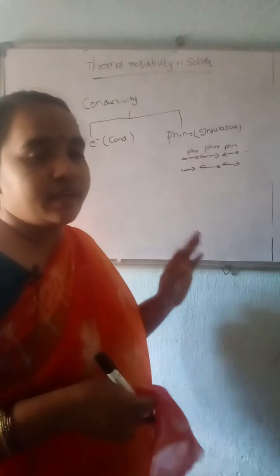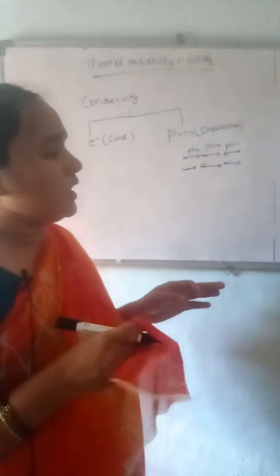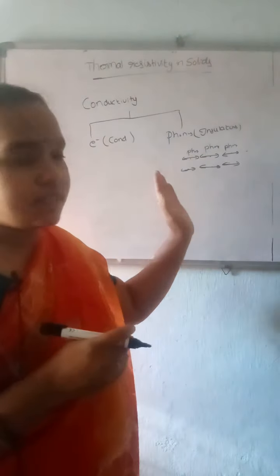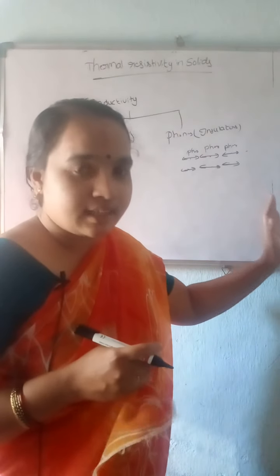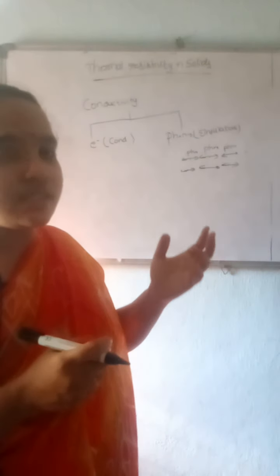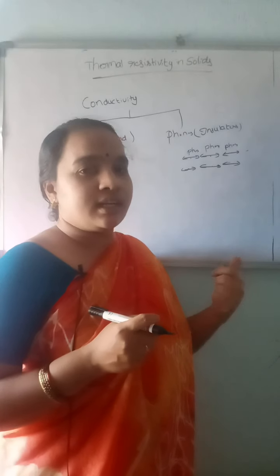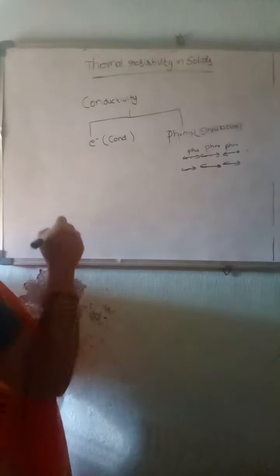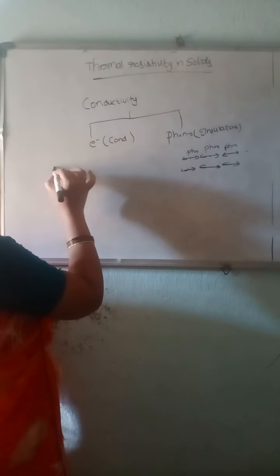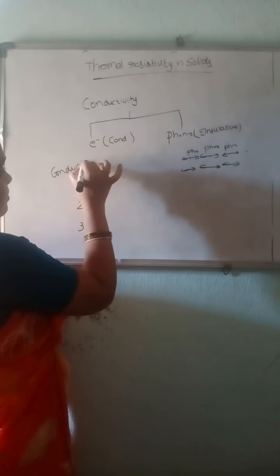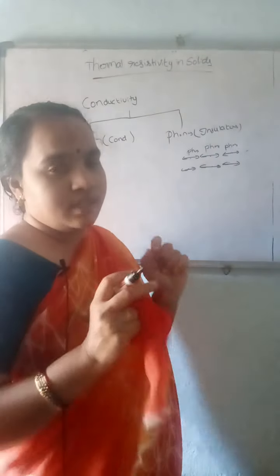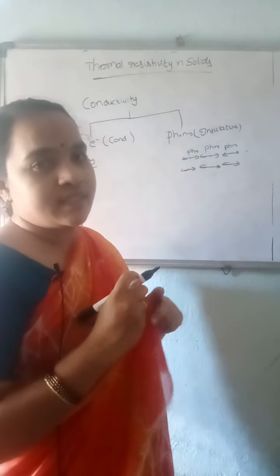For every action there is an opposite reaction according to Newton's law. This also holds good in solids. As these phonons are carrying the thermal current or energy, some resistivity opposes it, reducing that conductivity. So what are the three important points that reduce the conductivity? First, these phonons will interact with each other.